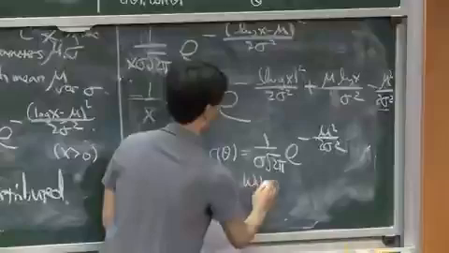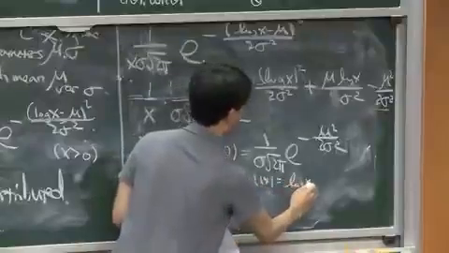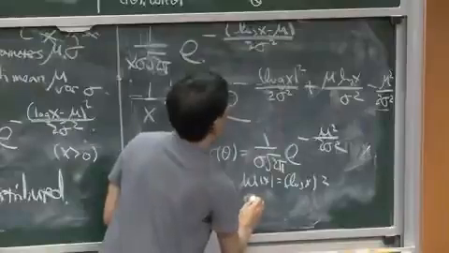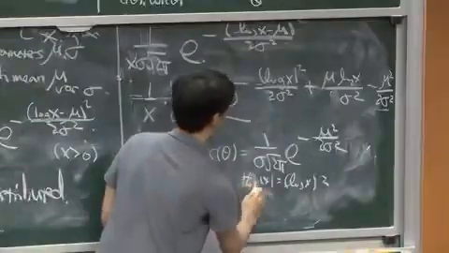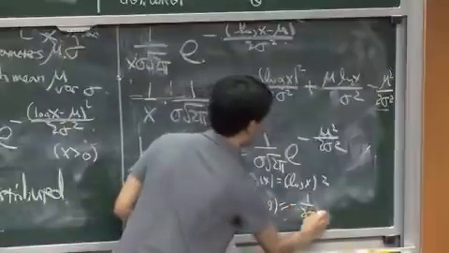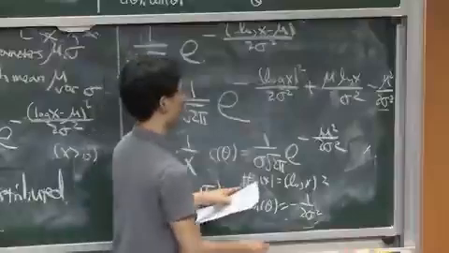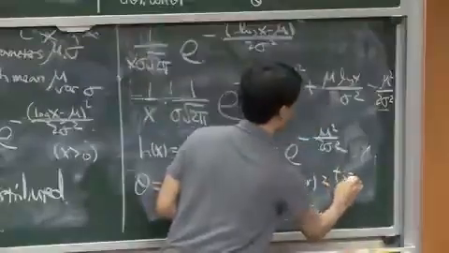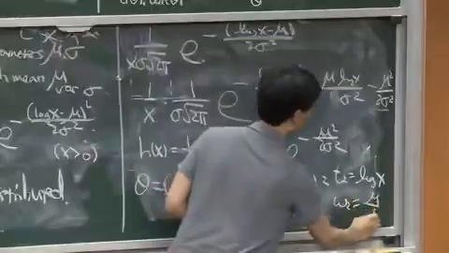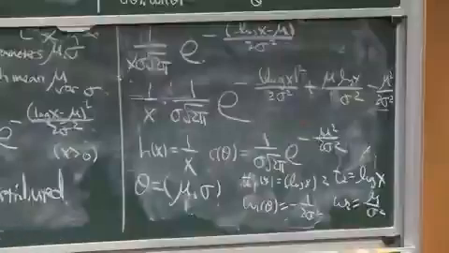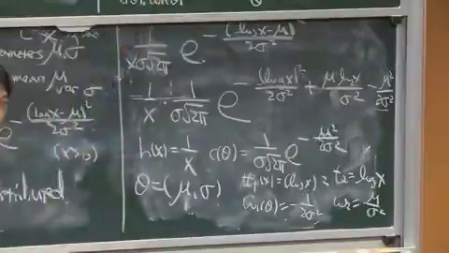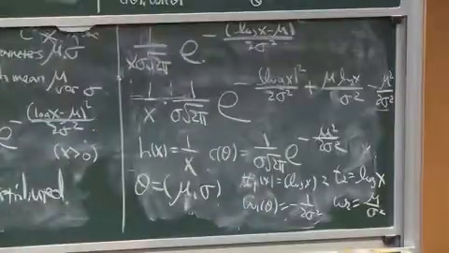You can let T1 of x be log x squared, W1 of theta be minus 1 over 2 sigma squared. And similarly, you can let T2 equal log x and W2 equal mu over sigma squared. It's just some technicality, but at least you can see that it really fits in. Okay.